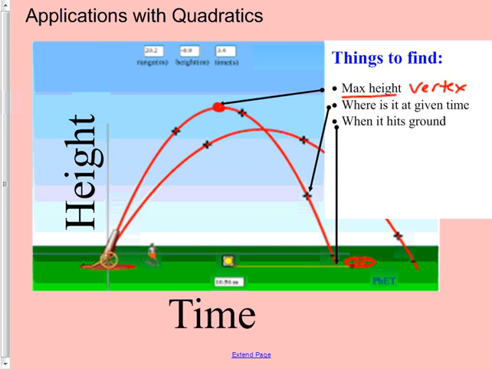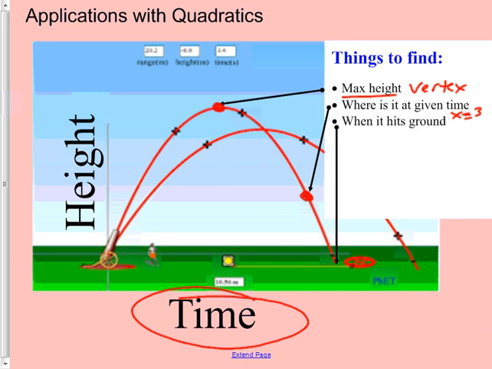If they've given you a time, like where is the ball at time 3 seconds, then time's down here, and that means they have given you an x value. So they'll have given you like x equals 3 or something. You just stick 3 in the equation.